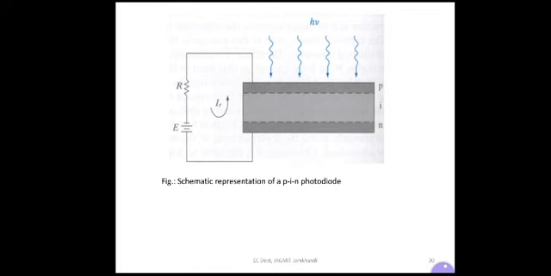So as you can see from the PIN figure, the width of the depletion region W must be large enough so that the photons are absorbed within W rather than within the neutral P and N regions.